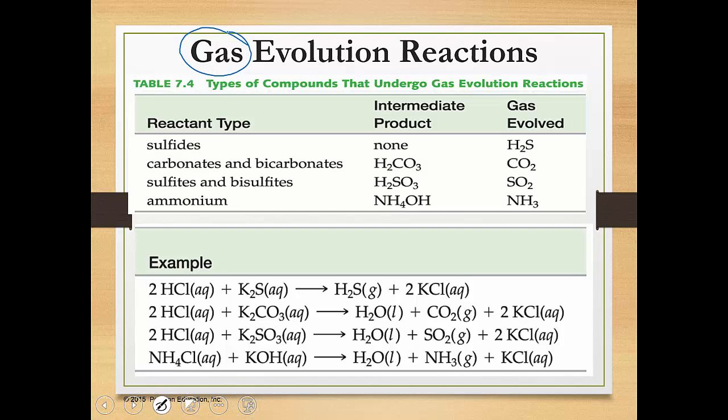So sulfides are notorious for that. Sometimes there's what we call an intermediate product. Something else gets formed on the path to making the gas. For sulfides, there isn't one. Sulfides tend to react directly with hydrogen ions from water and form this H2S gas.